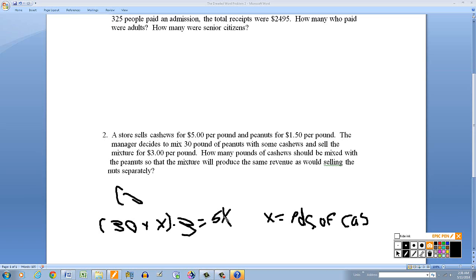So we have 5 times x. And then this is going to be plus, what do we have? We have 30 pounds of peanuts. And the price there is $1.50 per pound. So this will be 1.5, or 1.50 if you want.